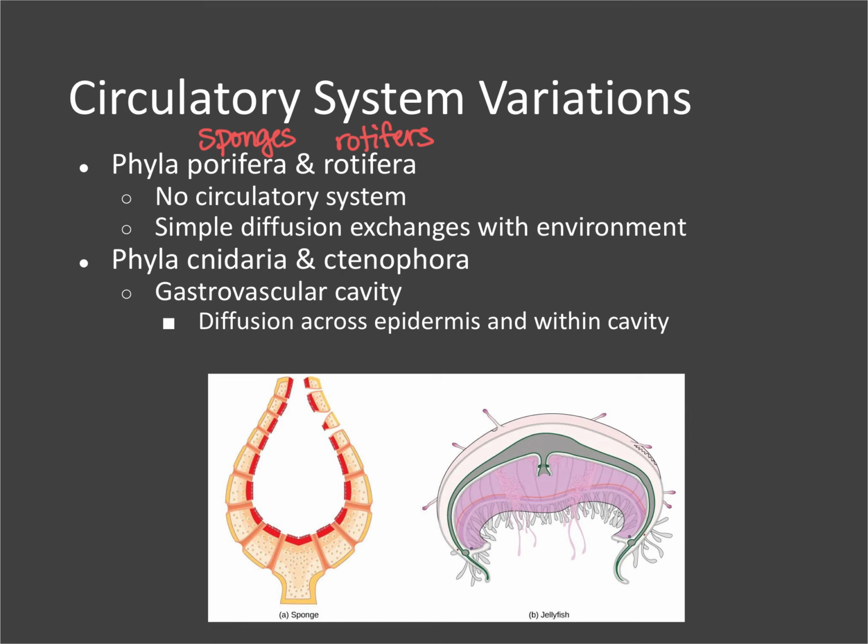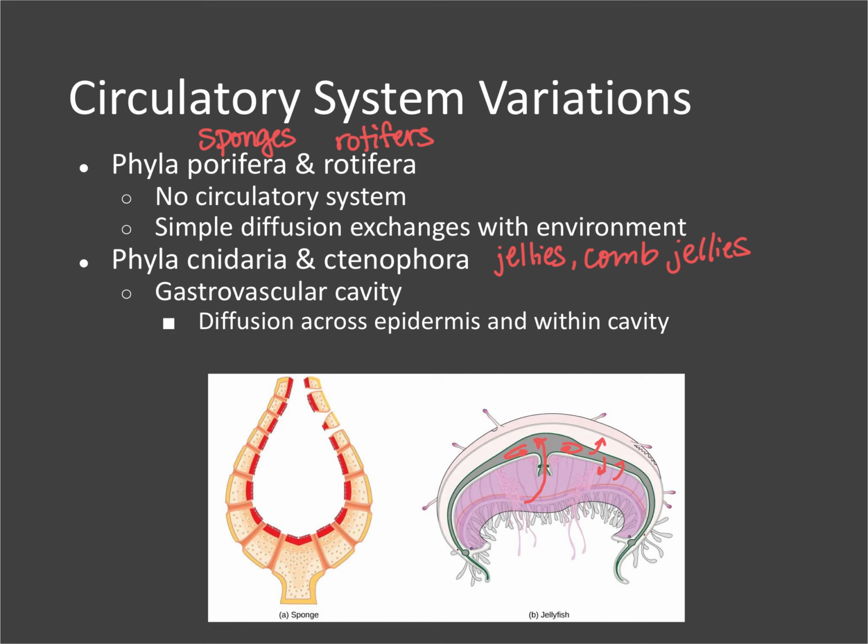In the phyla Cnidaria and Ctenophora, so these are going to be the jellies, including the comb jellies, they have something called a gastrovascular cavity. And so they essentially have this area where substances can go into the body and be circulated around this cavity, where diffusion happens between the cavity and the tissues.